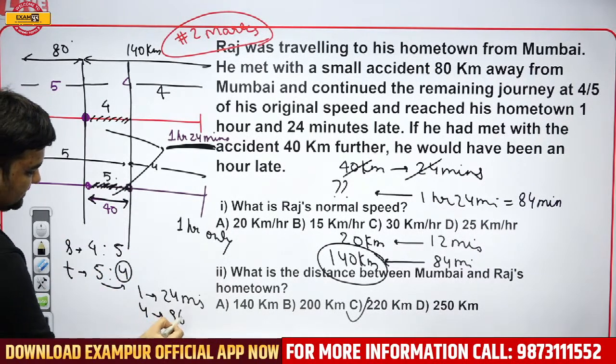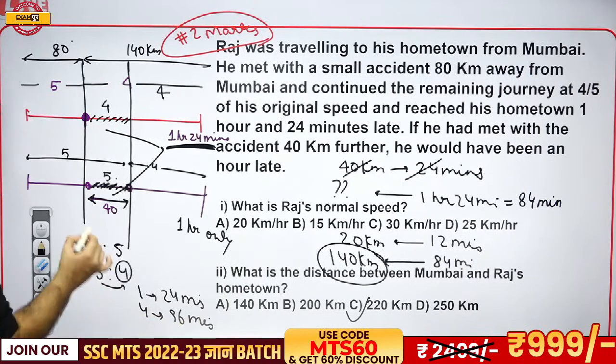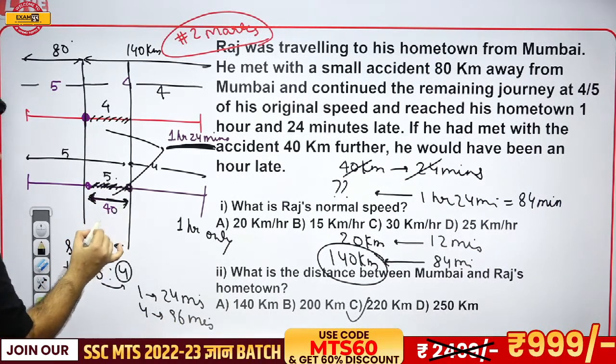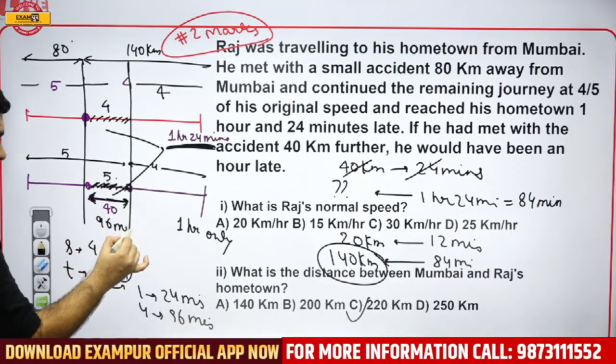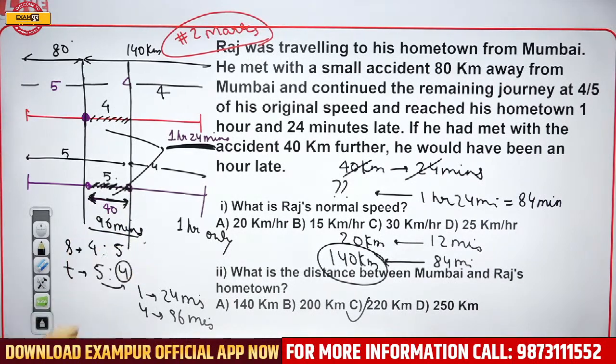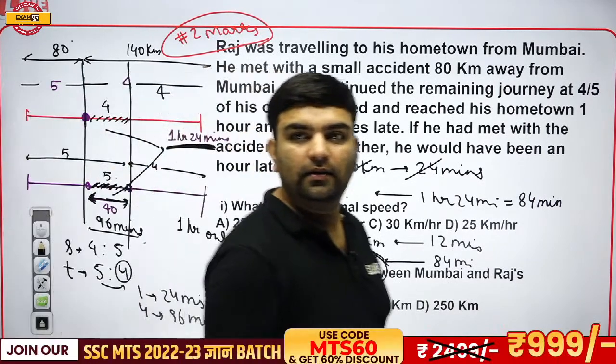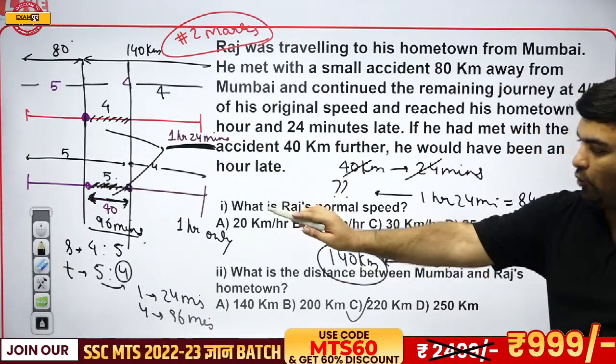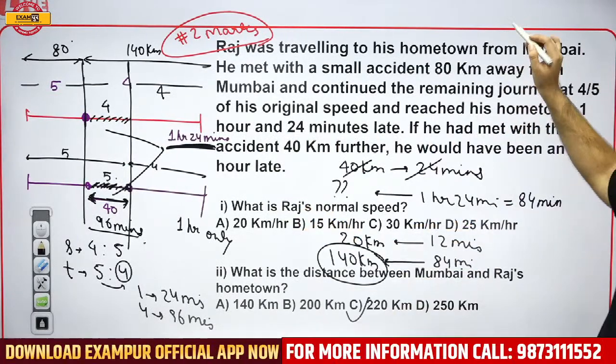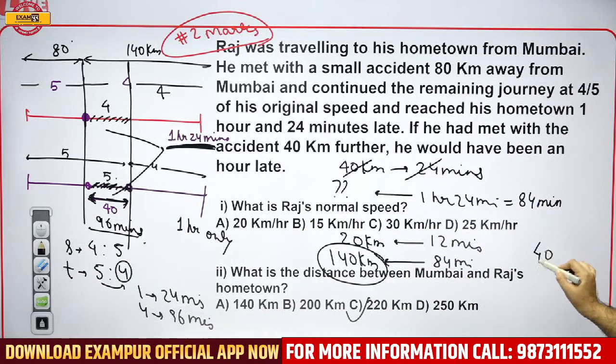So 4 is 96 minutes. This 40 kilometer later on is being covered in 96 minutes. So speed is 40 by 96 divided by 60.